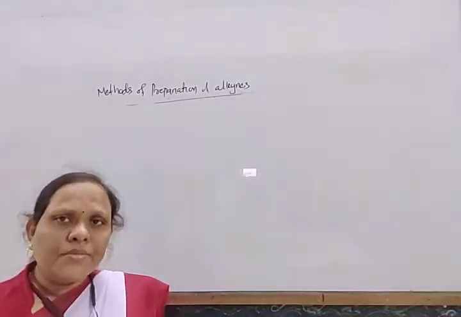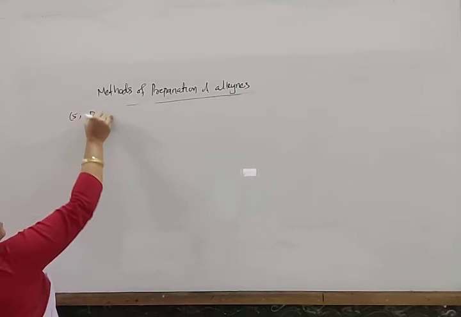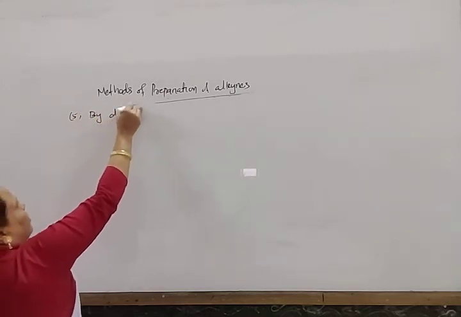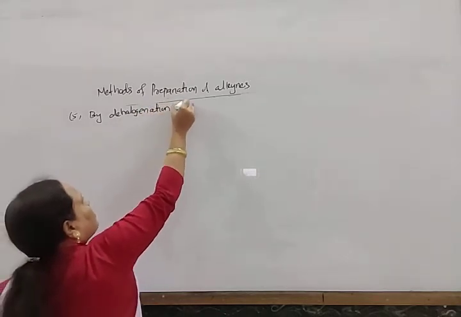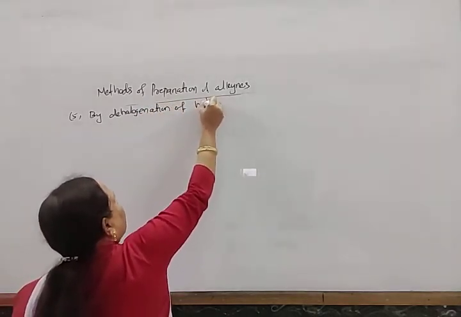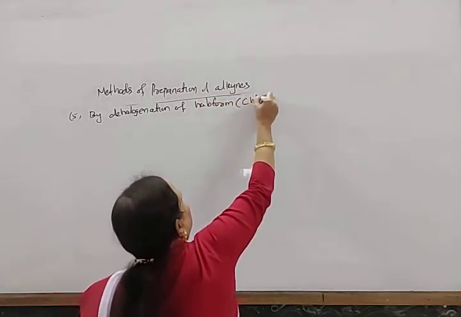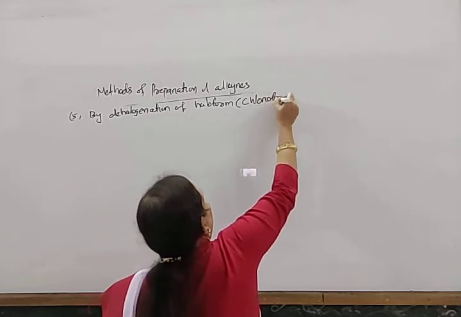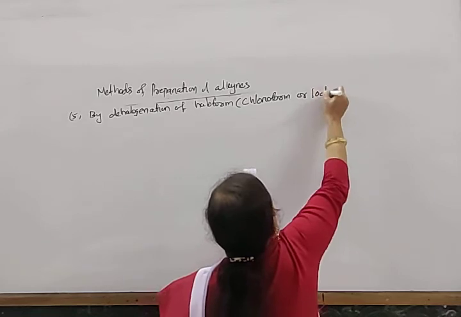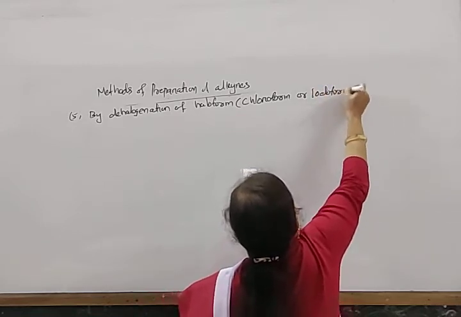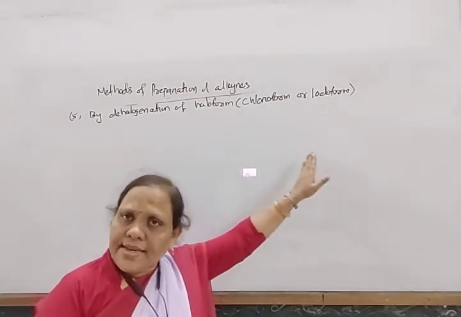Next, come to another method of preparation, that is by dehalogenation of haloform, generally chloroform or iodoform. In this method only acetylene is prepared.